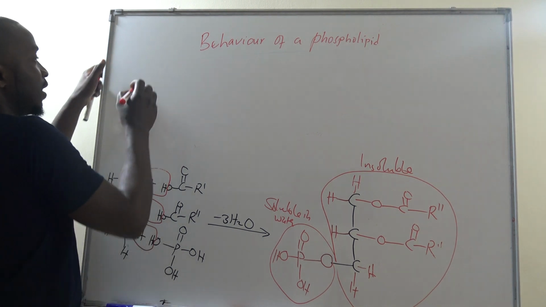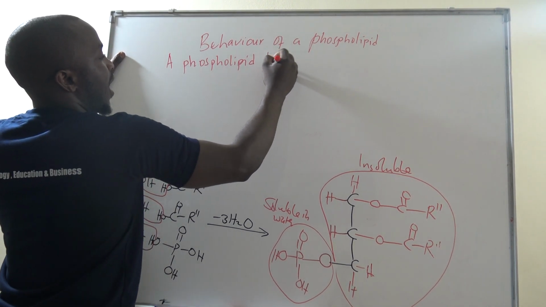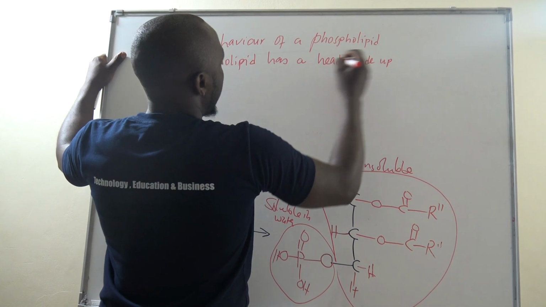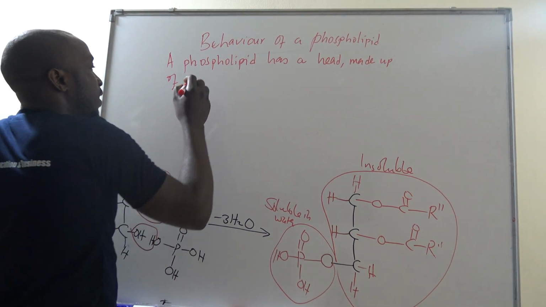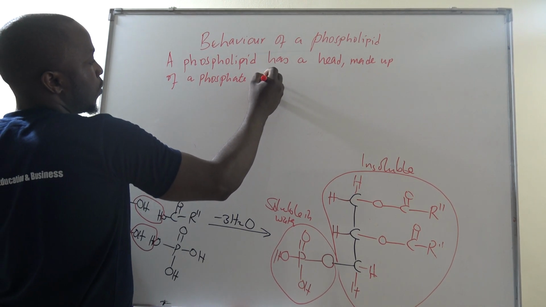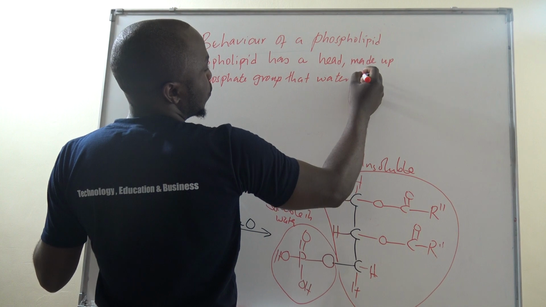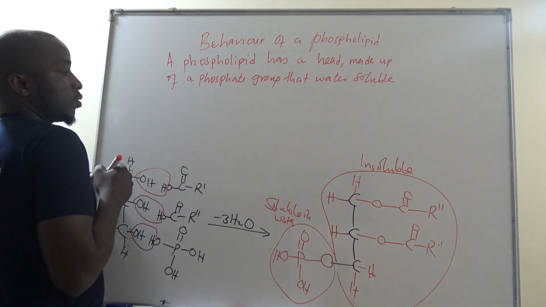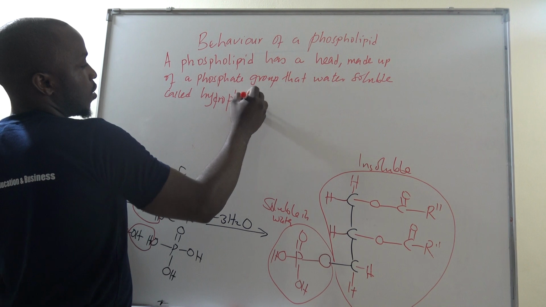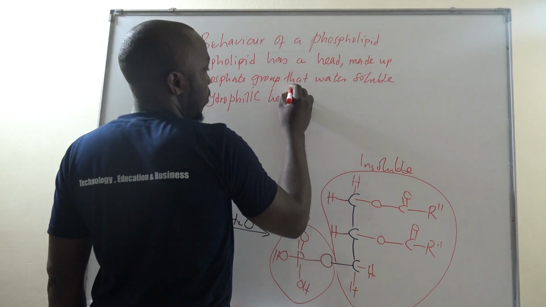Because of that, a phospholipid has a head made up of a phosphate group that is water soluble, called a hydrophilic head. So the head will be hydrophilic.